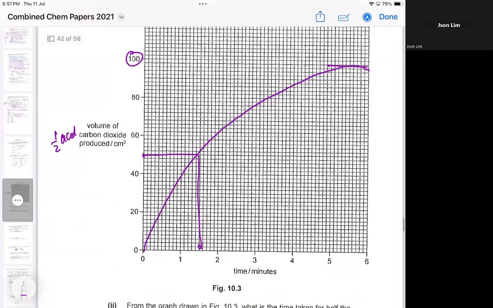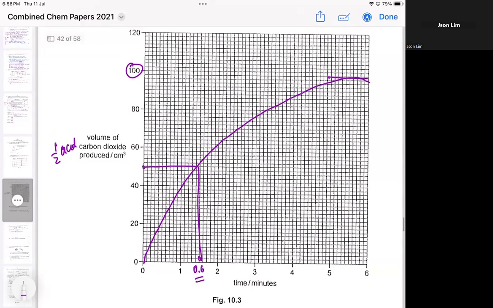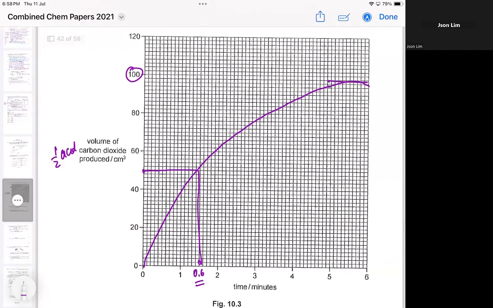I don't have a good graph. Your graph should give you about 0.6, 0.7. So let's say mine is 0.6 minutes. You can see that the whole reaction takes 5 minutes to complete, but the first half of the reaction takes only 0.6 minutes.